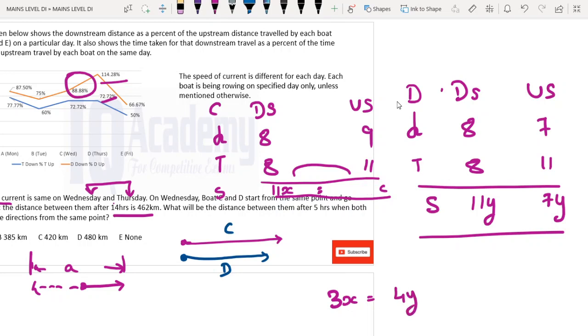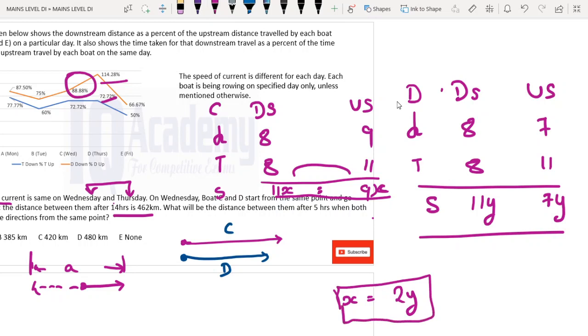Here it is 9x, sorry, not 8x, because we write 9 by 11, so it will be 9x. So 2x equals 4y, or x equals 2y. So here we found the relationship between x and y.